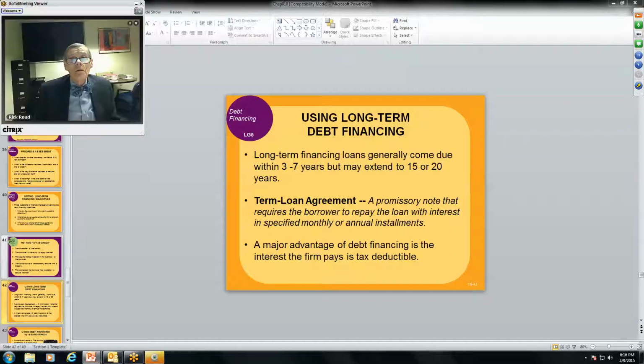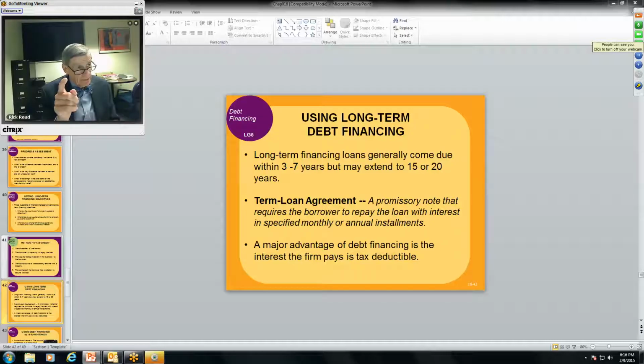Long-term debt financing. Notice here it says 3 to 7 years, but may exceed 20, especially if we're talking about bonds. Loan agreement, again, promissory note. I tell you I'm going to pay you back at a certain time with interest.